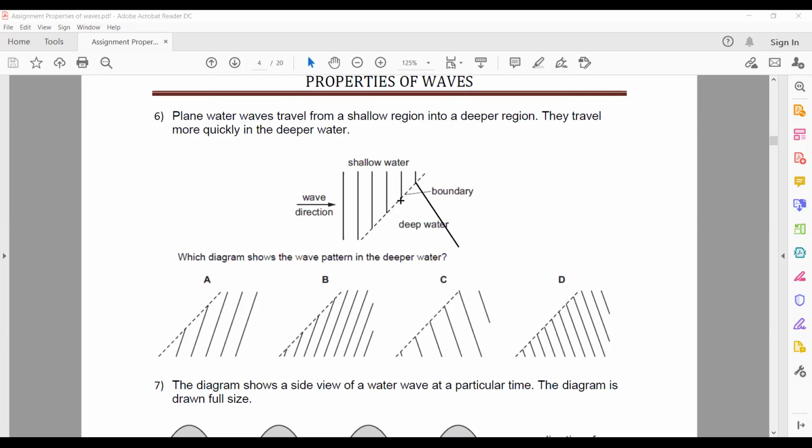So this will be the position and the wavelength will be higher. So C is the correct answer.